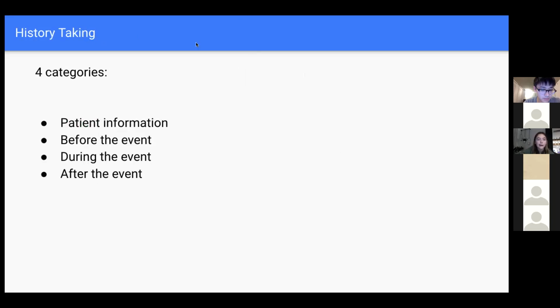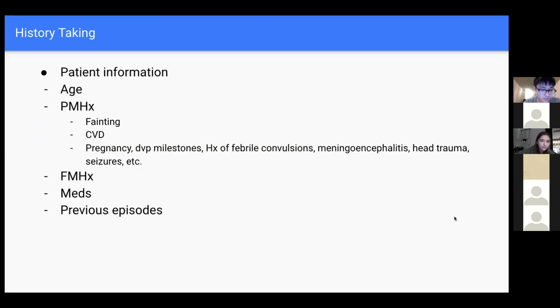Perfect. So essentially when doing history taking, I like to think of it in 4 categories for loss of consciousness. So firstly, just the patient information, and then before the event, during the event, and after the event. It kind of helps me structure the questions I'm going to ask. So starting with patient information, firstly, you can ask about things like age, also past medical history.